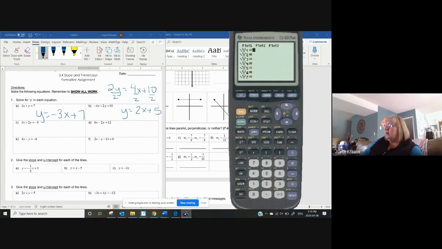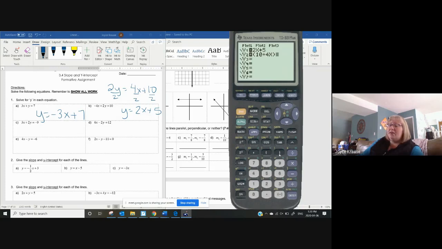You could write in y equals 2x plus 5. But then we can also just do the math and let our calculator work for us. We know that the first step is to add 4x. This will have to be done in brackets. So 10 plus 4x. So I'm not simplifying anything.